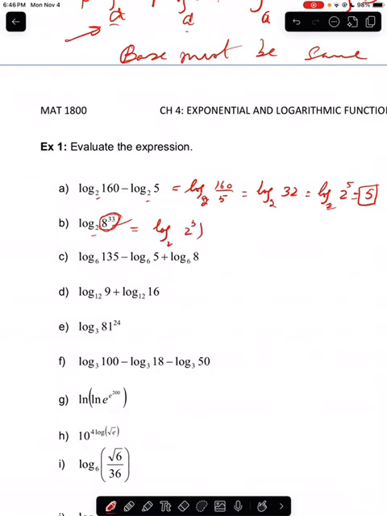So we have 2 to the 3rd raised to the 33. In this situation, what happens to the powers? The powers get multiplied. So we get log base 2 of 2 raised to the power 66. Okay. And then we apply one of the properties, and we get 66 as our answer.